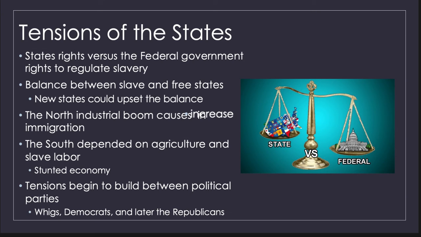That representation in Congress could allow for laws to be passed to keep slavery if we enter more slave states, or if we enter more free states and those free states get congressional representation, then laws could be passed to completely get rid of slavery. So when I talk about this balance between the free and the slave states, this is what I mean here.